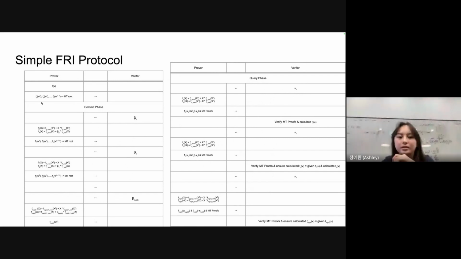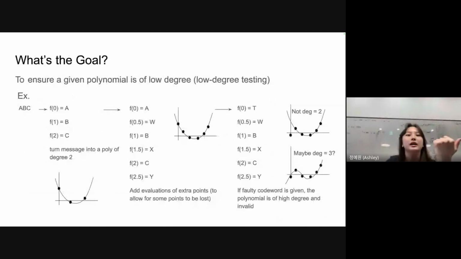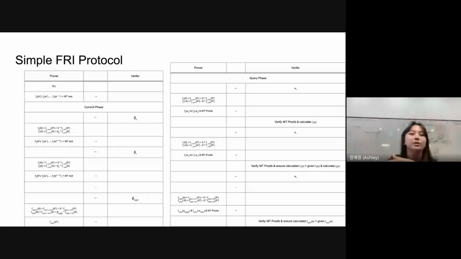Another thing I want to mention: I remember last time Ryan said he wished that I combined or explained more on Reed-Solomon codes in terms of the Fri protocol. So in our case of the SimpleFri protocol, our codewords are the polynomials, or the evaluations that we commit every layer.